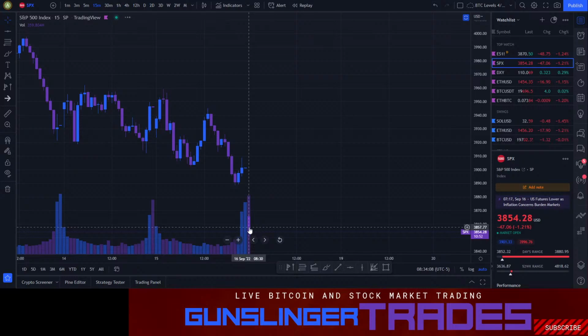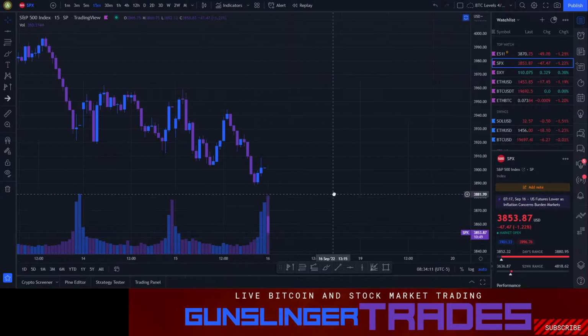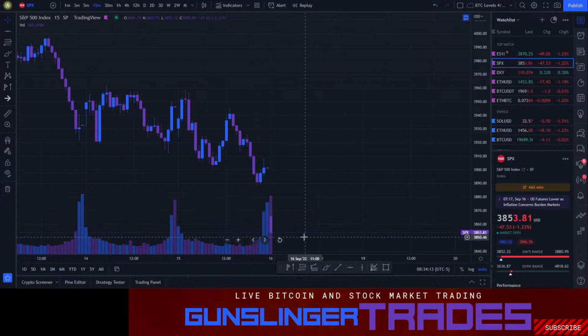S&P is gapping down. We might dump down a little bit for about the next 10 minutes or so, and then start to make our way up. Maybe fill this gap.